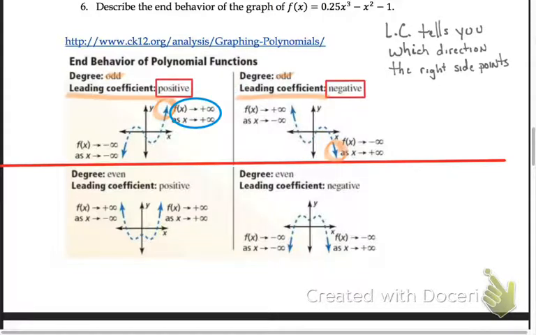Whenever I'm talking about my x value, which way is positive infinity? To the right. Which way is negative infinity? To the left. So whenever it talks about f of x, that's just the fancy way of saying y.